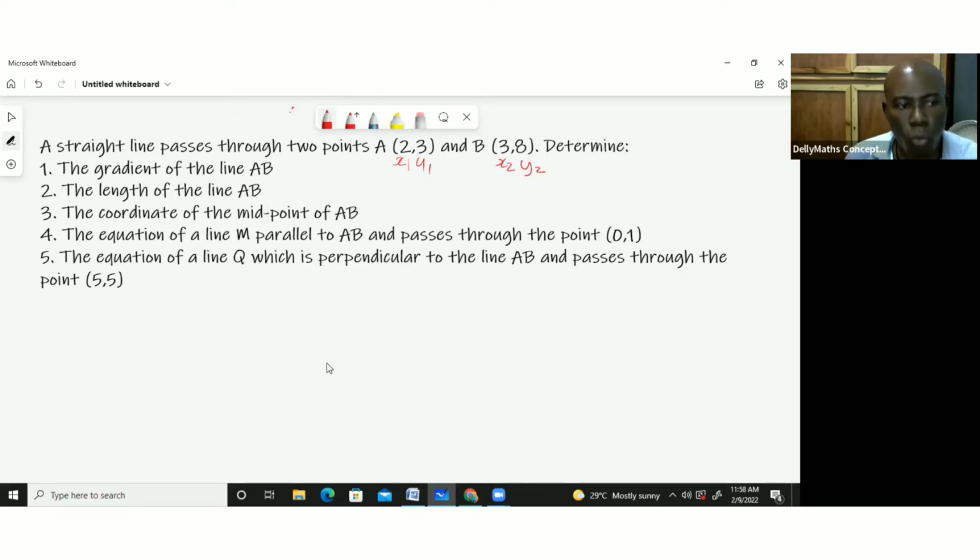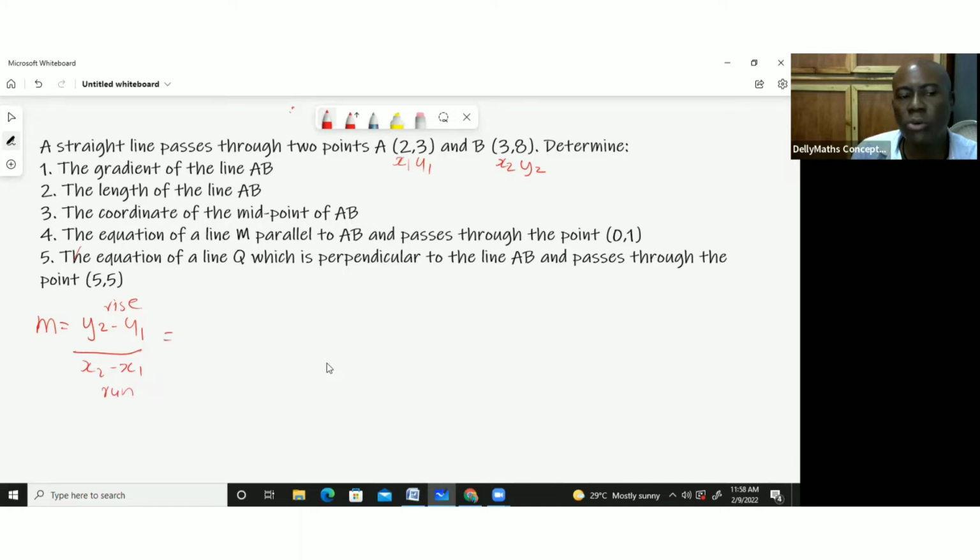So what is our gradient? Remember, there's a formula for a gradient. Let us say we classify the gradient as M. The gradient is equal to Y2 minus Y1 over X2 minus X1. Remember, this part deals with the rise, and this part deals with the run, vertical, horizontal.